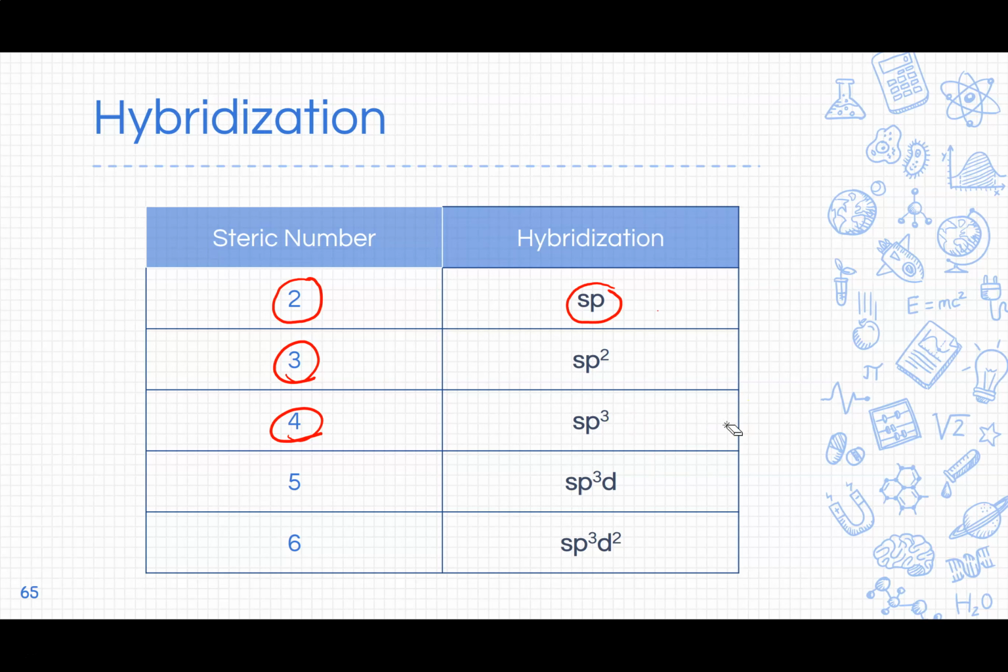Now, when we have a steric number of 5, that's when we're getting into the trigonal bipyramidal shape or geometry. It becomes sp3d. So a totally normal question would be, well, why isn't it just sp4, so that 1s plus 4 p's would equal 5? Well, remember, these are actually based off of electron configurations.